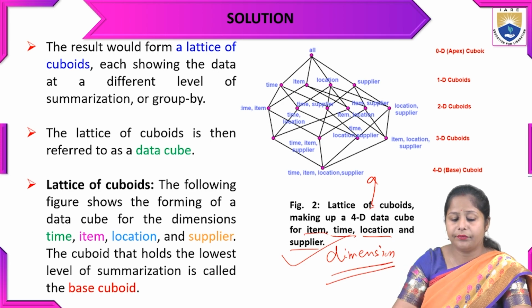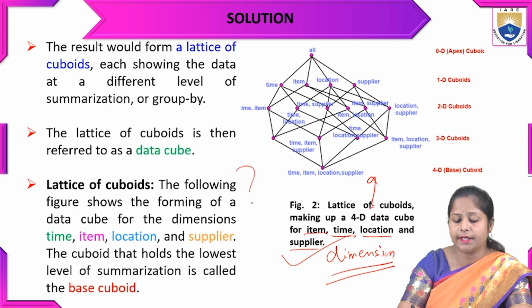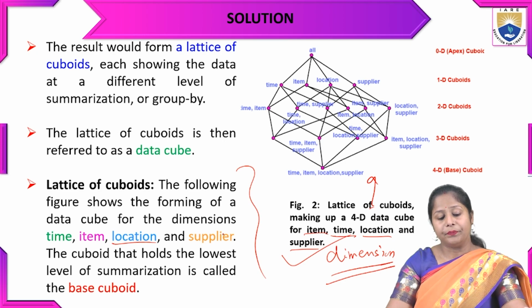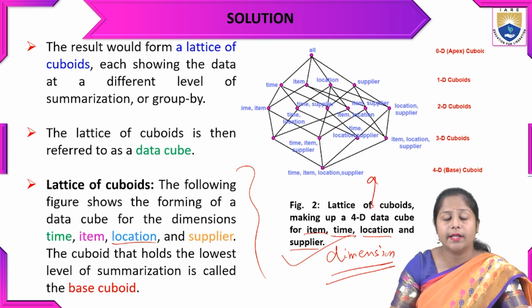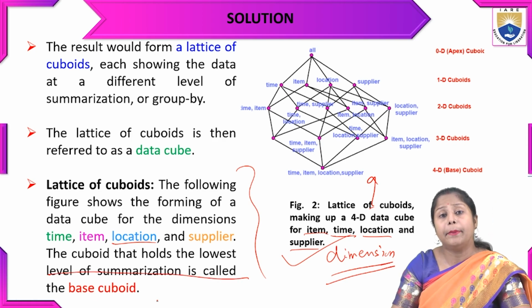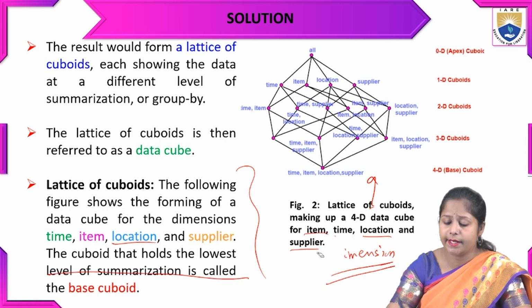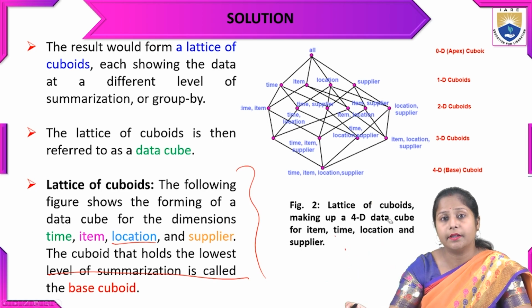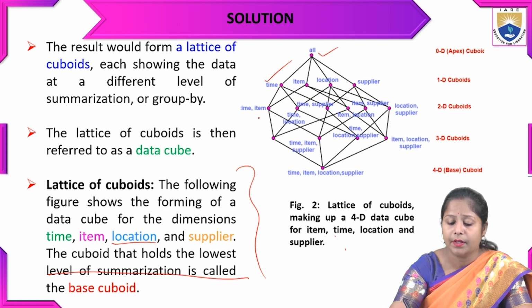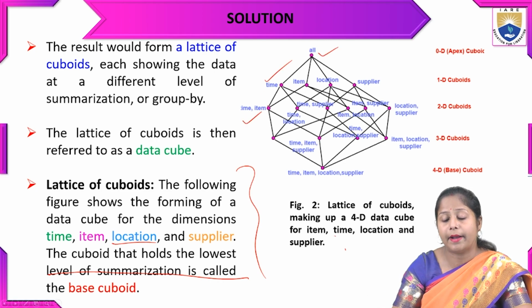So the following figure on the right hand side, we can see, is forming a data cube for the dimensions item, time, location and supplier. Now the cuboid that holds the lowest level of summarization will be called a base cuboid. So in this right hand side lattice of cuboids, we can see there is a point all, there is a point time, there is a point time comma item.